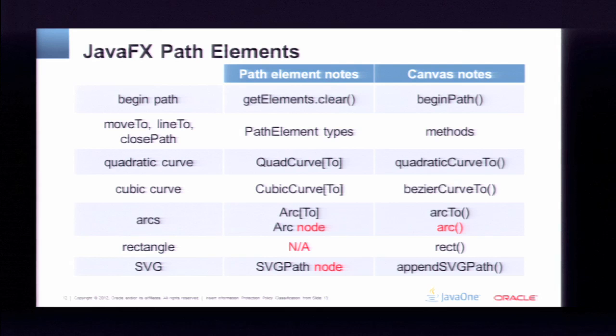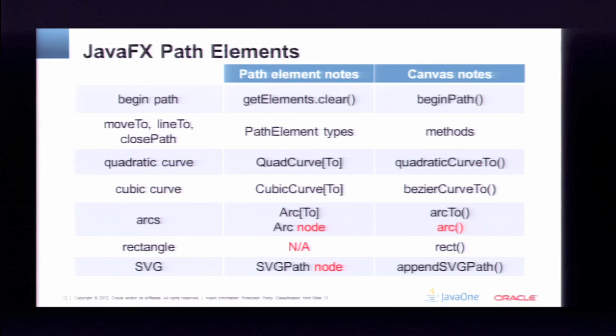The Canvas, which is based upon HTML5, follows the PostScript arc operator, and I'll show you an example of what it does, whereas the arc node follows a different set of math that allows you to specify with different points and different radii and how those are interpreted to construct an arc.